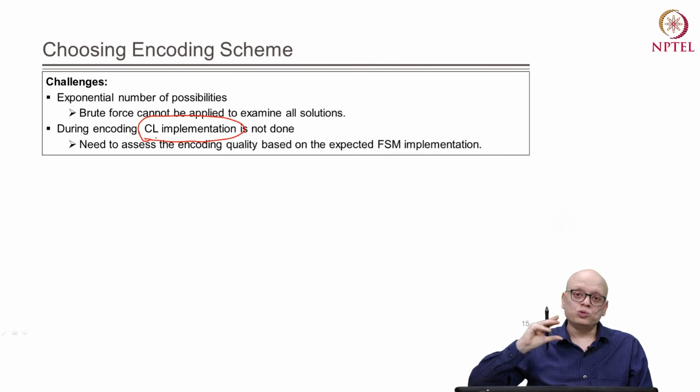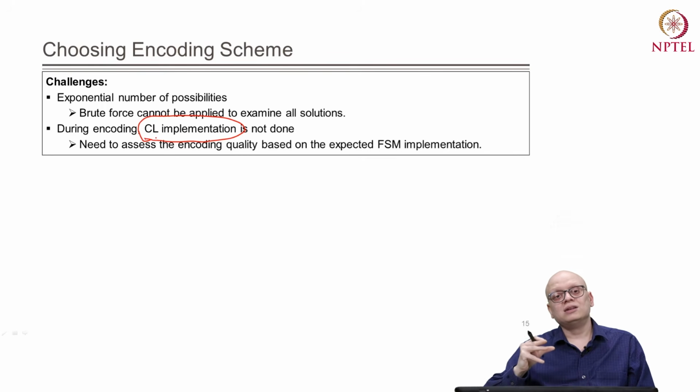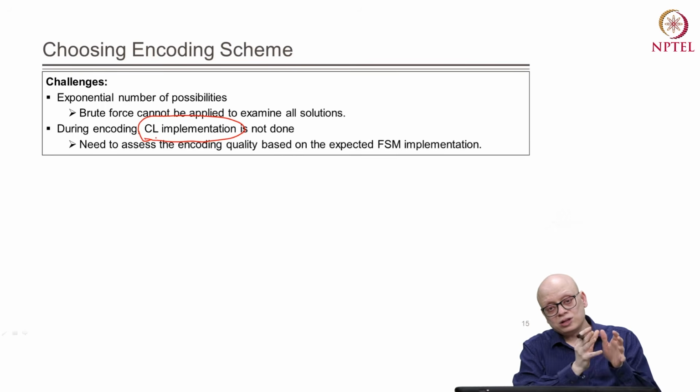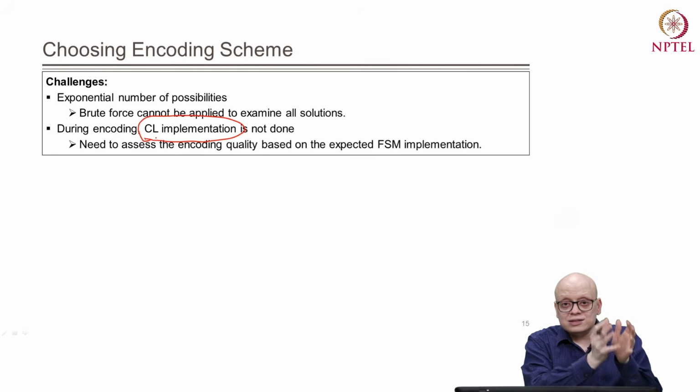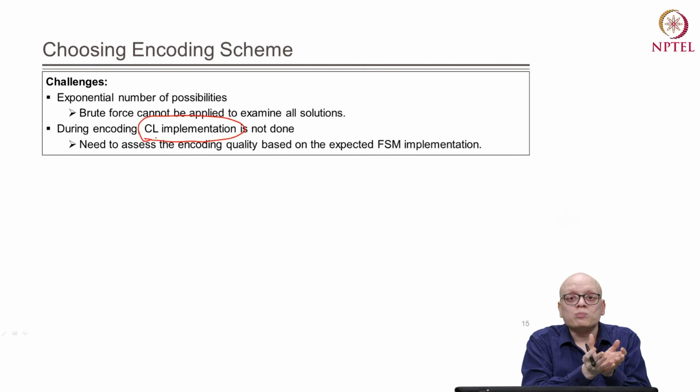So, during FSM optimization and choosing an encoding scheme, we must encode it such that in future when this logic block CL is optimized, the optimizer sees lots of possibilities of optimizing and makes this CL as compact as possible.